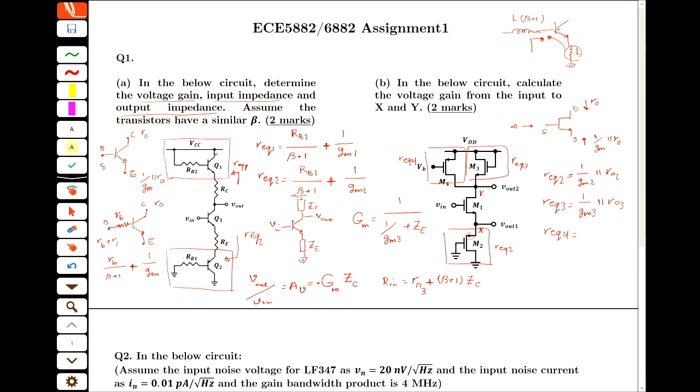So it is RO4. And then R equal 3 and R equal 4 are in parallel. So the impedance at the top, if I call it Z of drain, then Z of drain equals RO3 in parallel with RO4 in parallel with 1 over GM3.